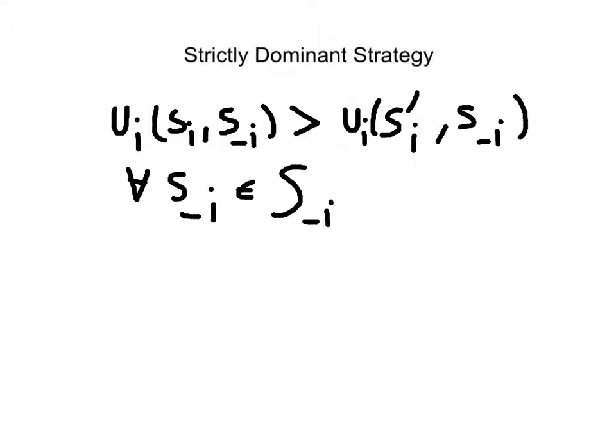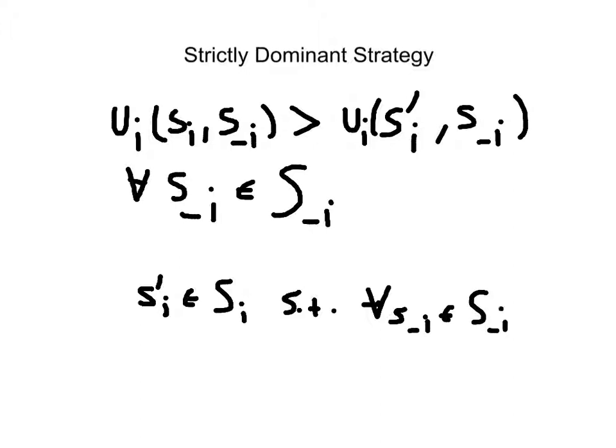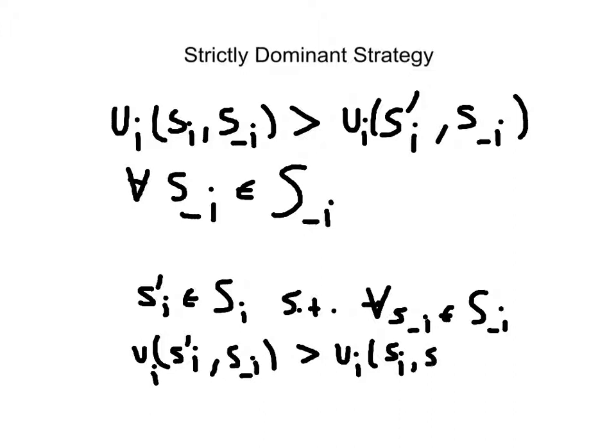Now, a strategy is dominated if there exists another strategy S prime I, which is available to player I, such that for all sets of possible strategies played by the other players, the utility of S prime I, given what these other players are playing, for player I, is greater than the utility of strategy S_I, given what these other players are doing.